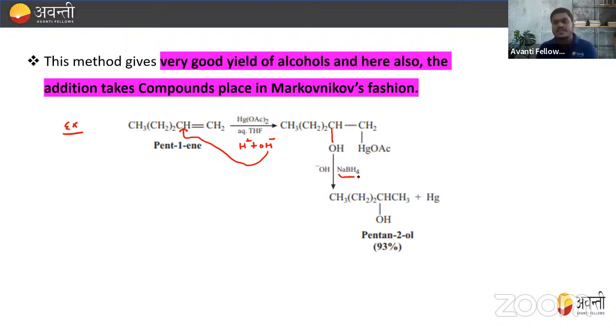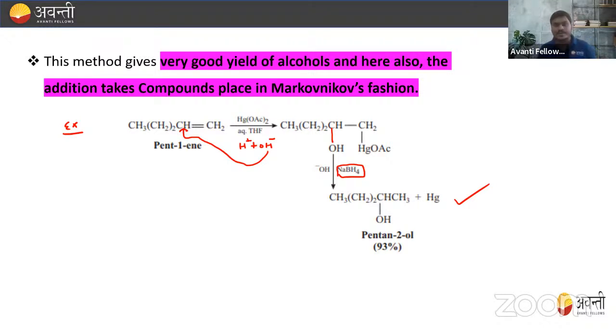Now again we treat with NaBH4. When we treat with NaBH4, what will form? This will form CH3CH2CH2CH(OH)CH3, that is pentan-2-ol. So this also follows Markovnikov's rule of addition. This method also gives a very good amount of alcohol, and here also the addition takes place according to Markovnikov's rule.